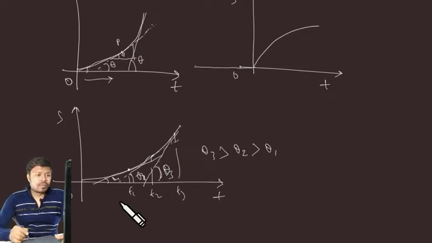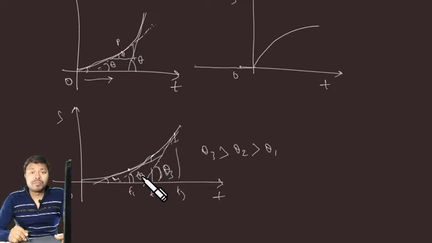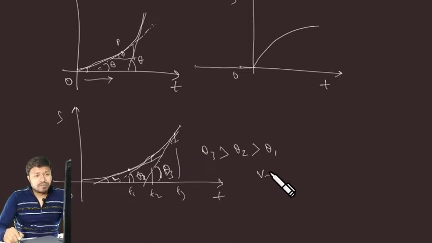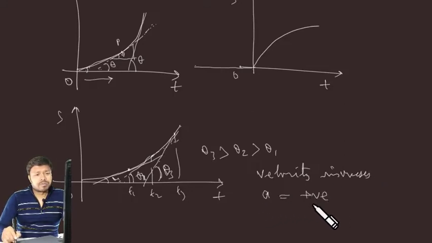All right. So here in this kind of curve, the velocity increases and the acceleration A is positive.